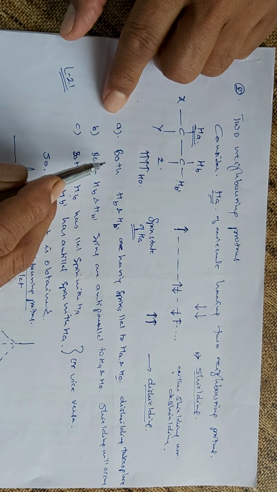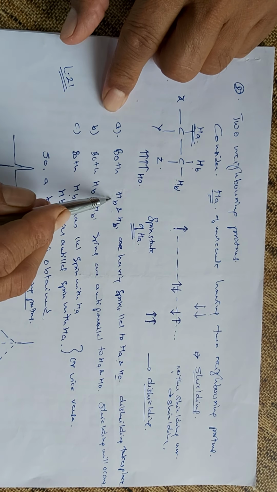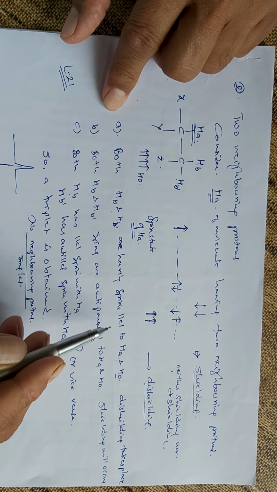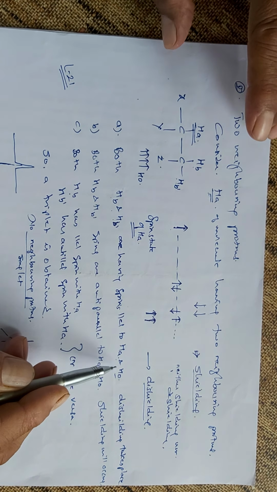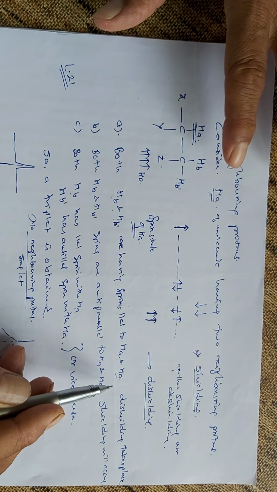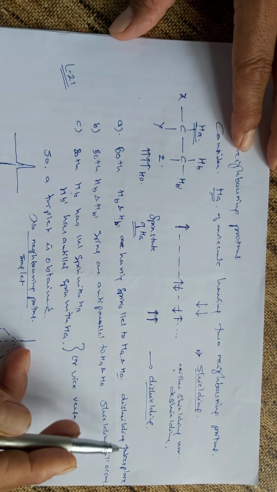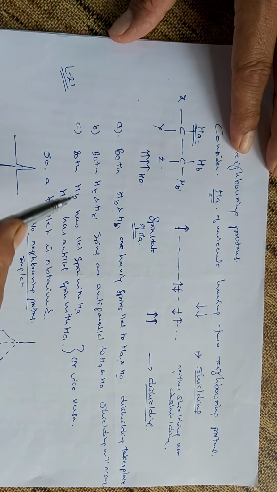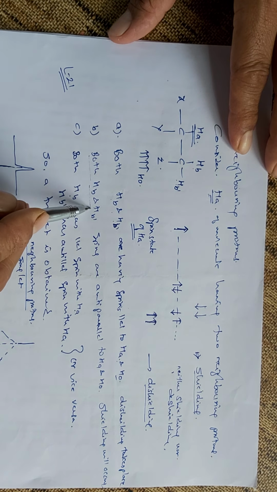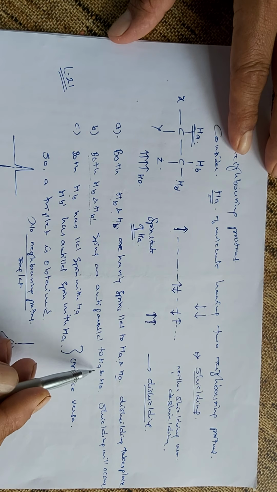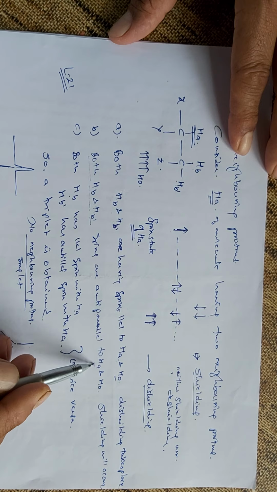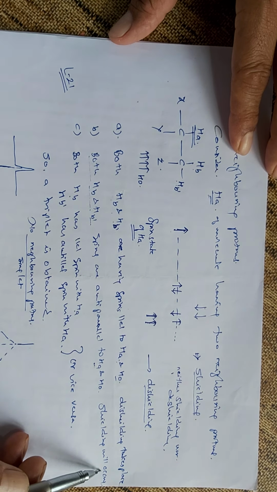Out of these, two we have discussed. When both HB and HB dash have their spins parallel to the applied magnetic field and HA, you will get the de-shielding of the signal. And when both HB and HB dash spins are antiparallel to the applied magnetic field and HA, shielding will occur.